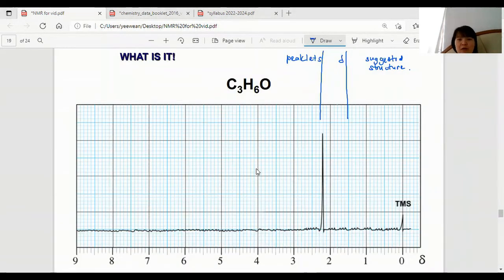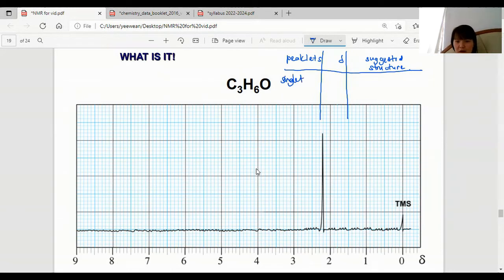Okay, so now we're all set to determine the structure when we're given a spectrum. So this is C3H6O. All the protons are in the same environment. How am I going to draw this? Let's put this in a table so that we can clear our mind. I'm going to put the peaklets, just singlet.